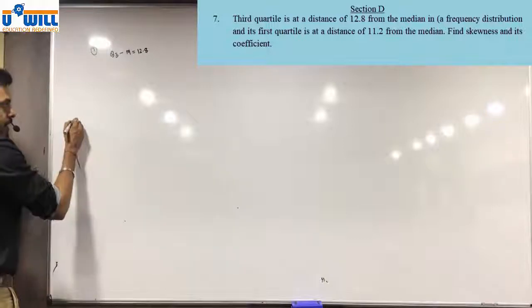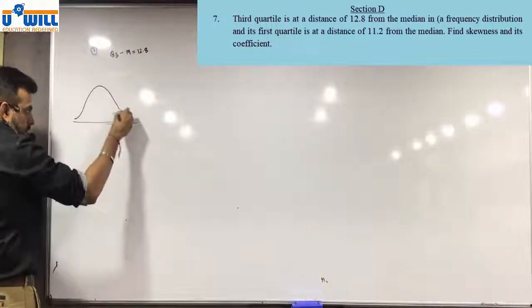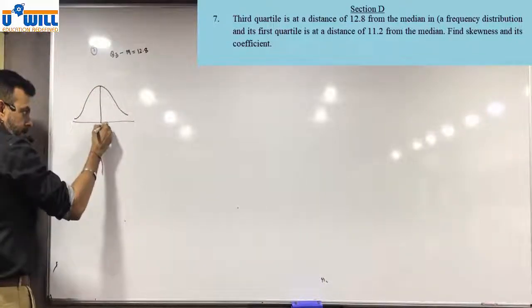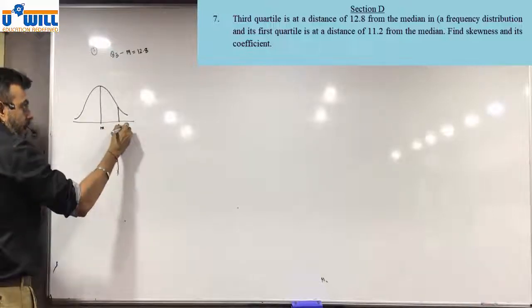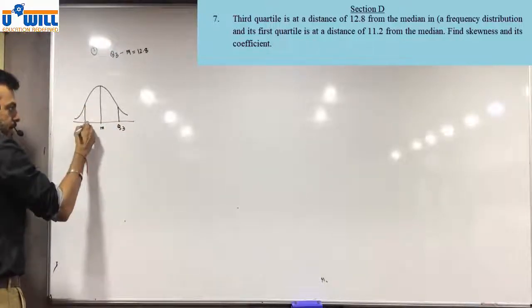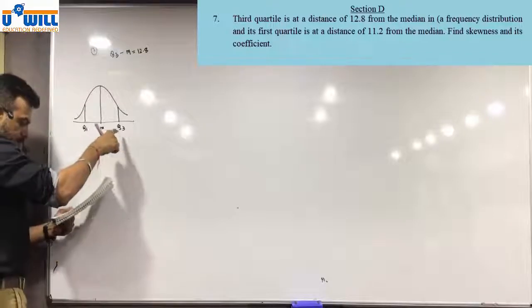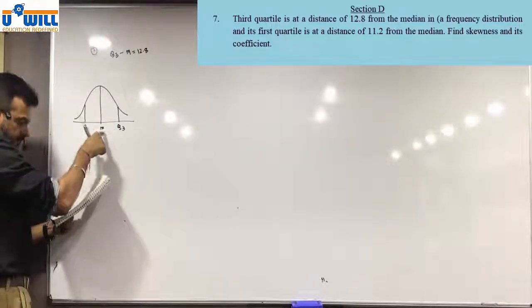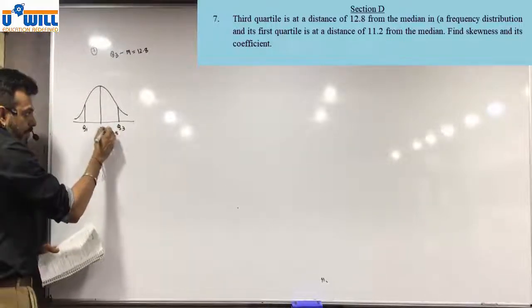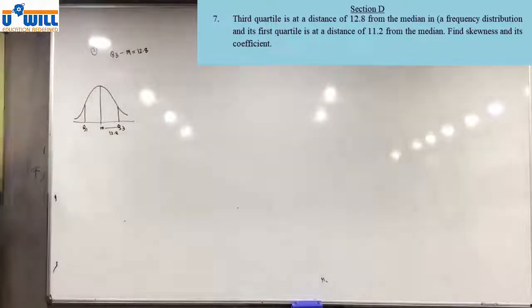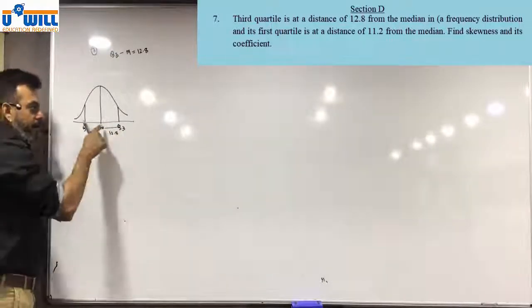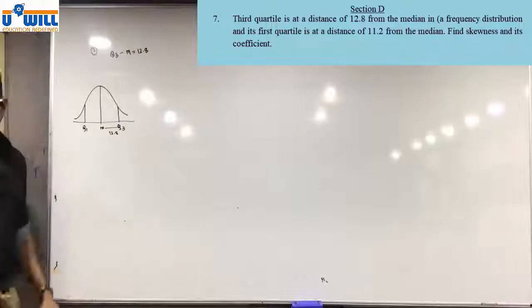That means in this graph, here is the median, here is Q3 and here is Q1. So what is written? The third quartile is at a distance of 12.8 from the median. So Q3 minus M is 12.8.